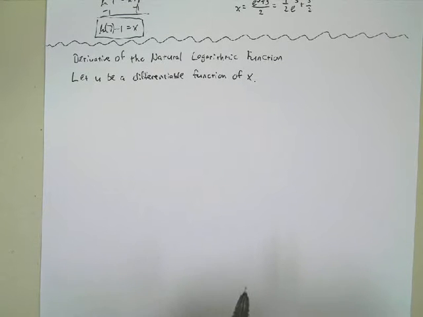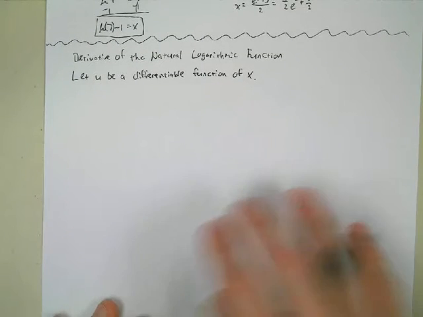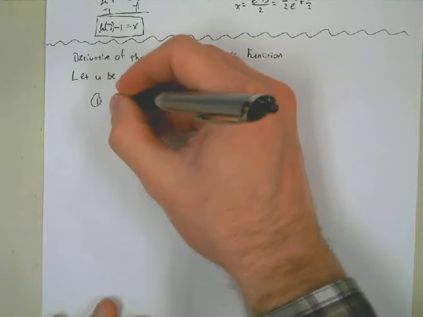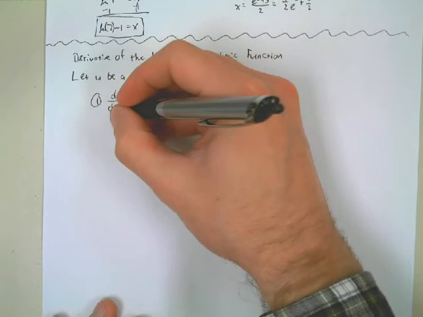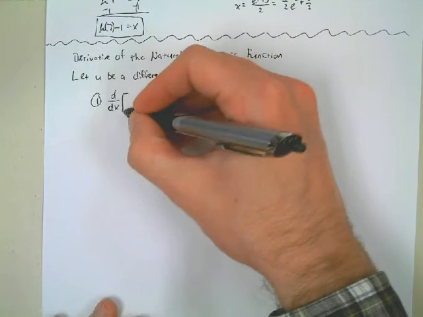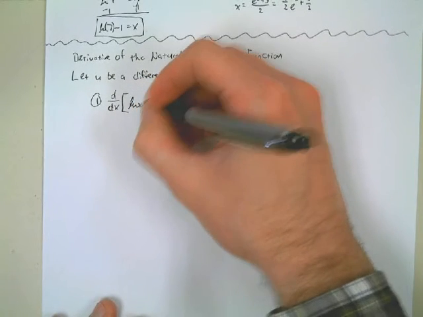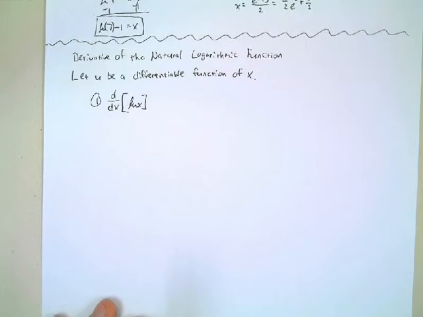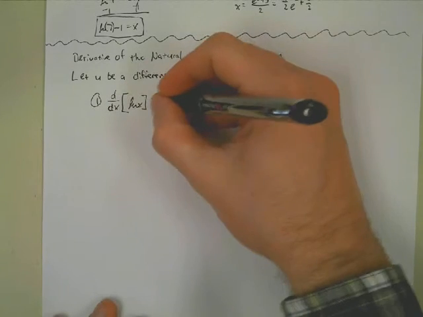The derivative with respect to x, remember that's what that symbol means, d over dx, of the natural log of x with respect to x, that's the dx at the bottom, is equal to 1 over x.